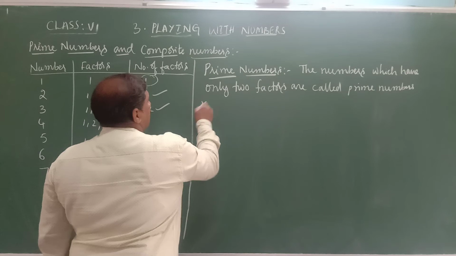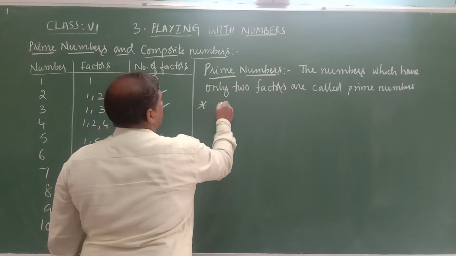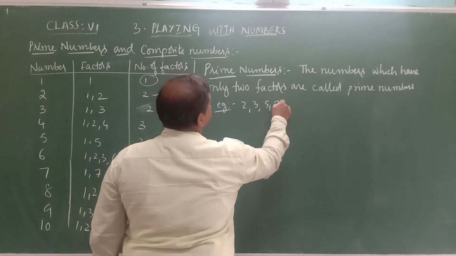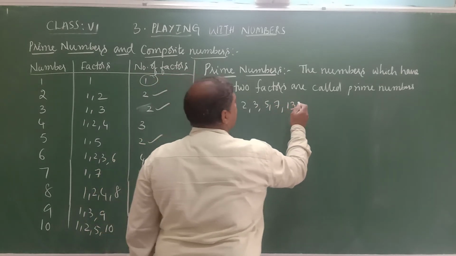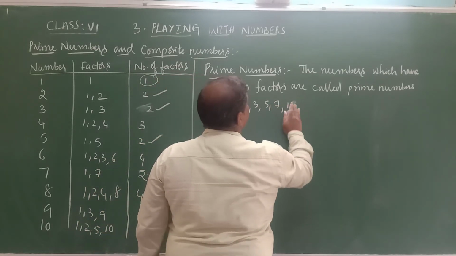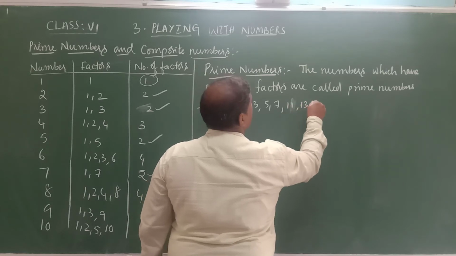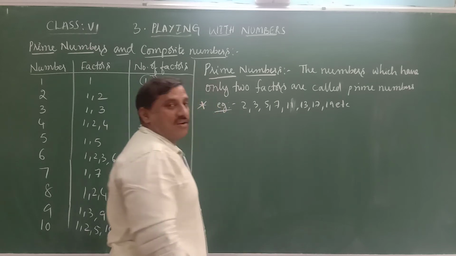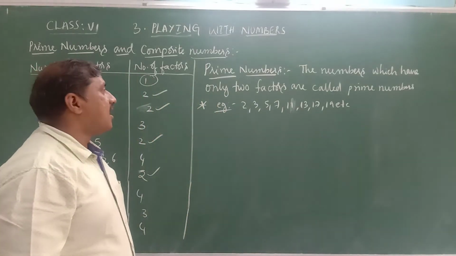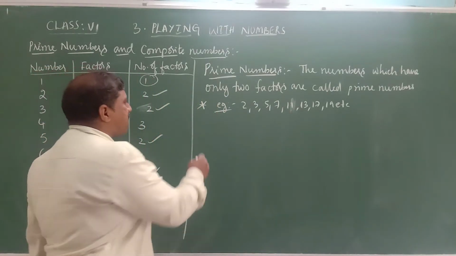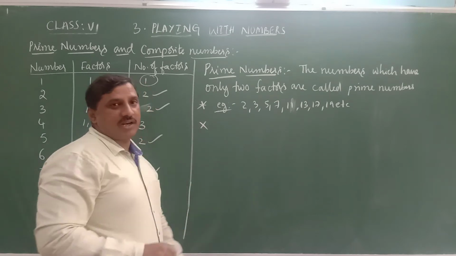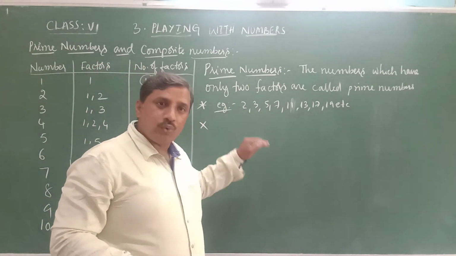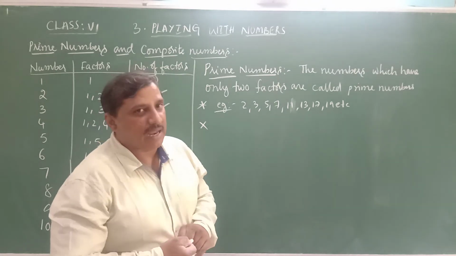So now examples. You can write here some of the examples. 2, 3, 5, 7, 11, 13, 17, 19, etc. are prime numbers. Now, which is the first prime number? 2 is the first prime number. And which is the least prime number? 2 is the least or the smallest prime number.